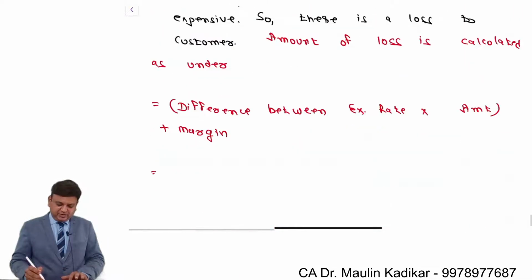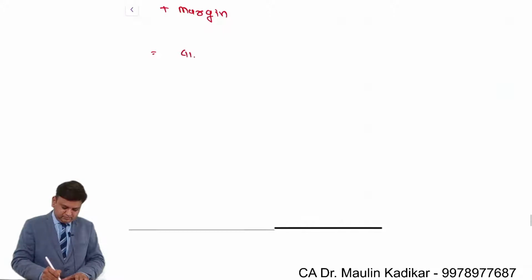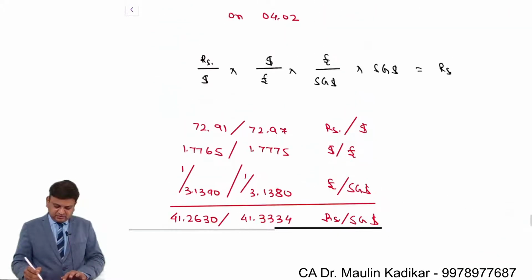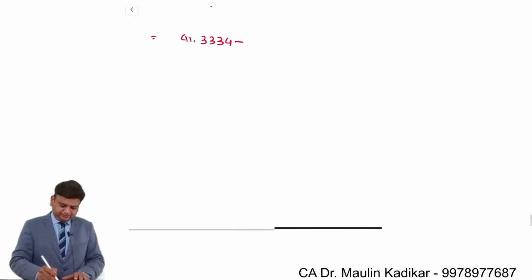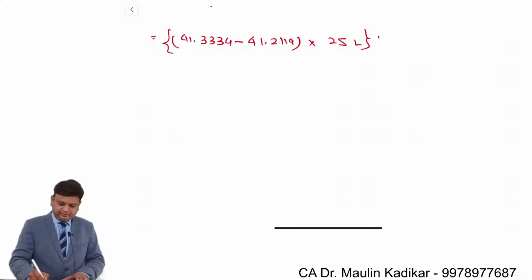So 41.334 minus 41.2119, multiplying with 25 lakhs, plus margin.